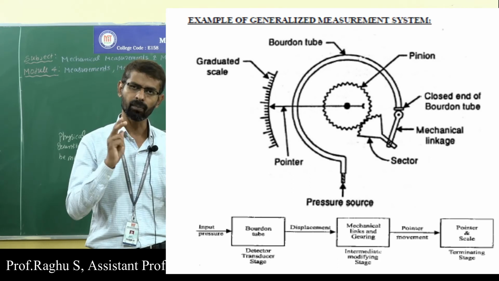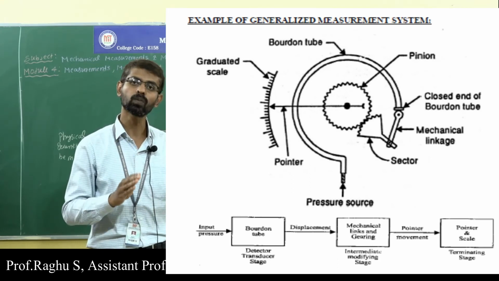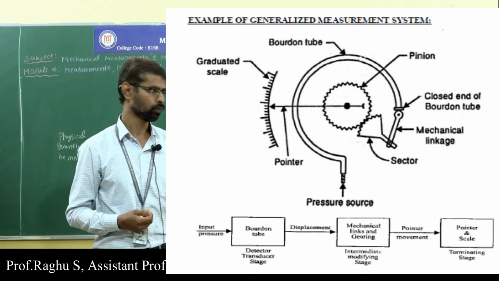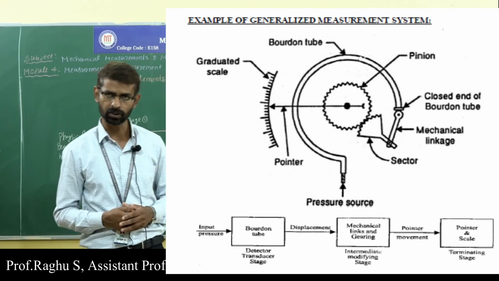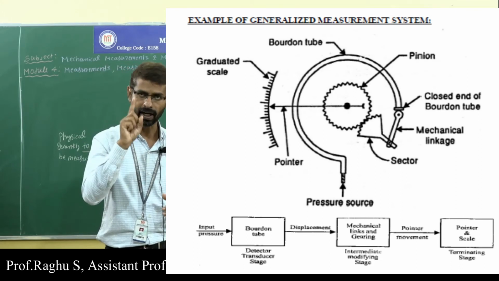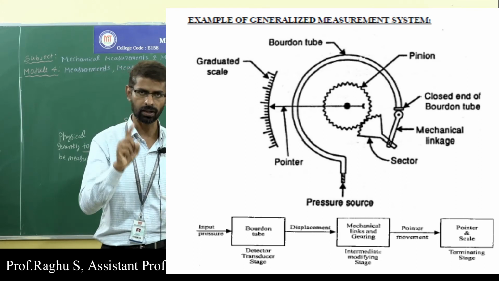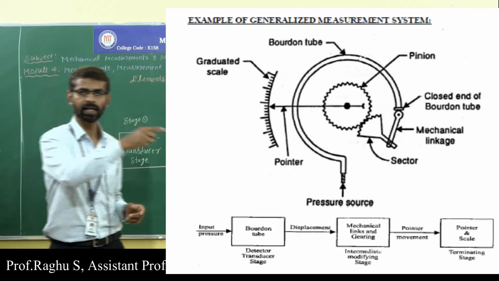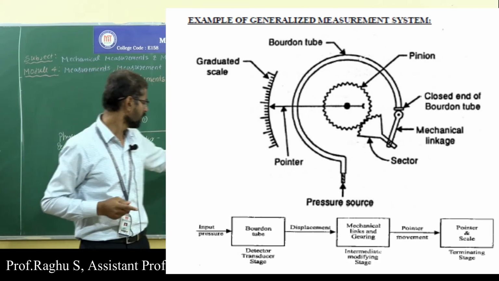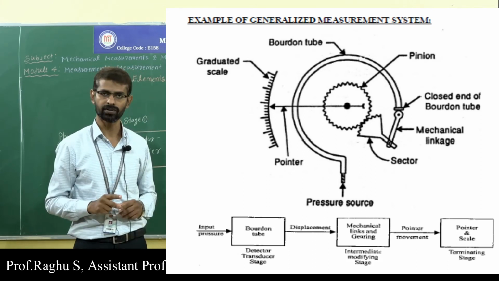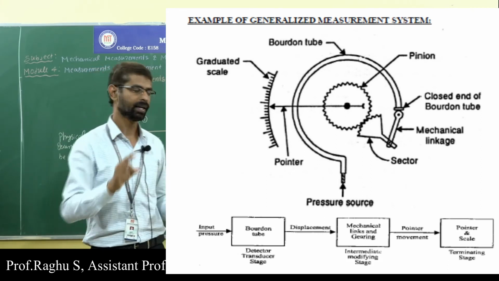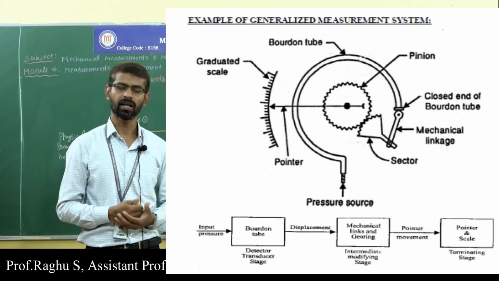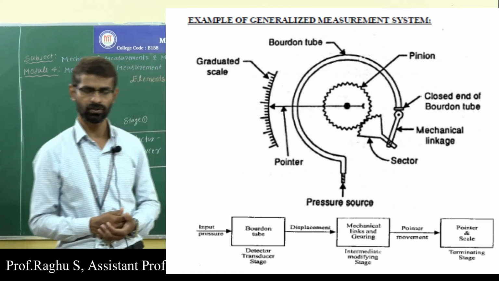The amplified mechanical displacement is displayed using the pointer and scale arrangement. Therefore, in the Bourdon tube pressure gauge, the Bourdon tube acts as the detector transducer element, the mechanical links and gears act as intermediate modifying elements, and the pointer and scale act as terminating elements. So this is the example for a generalized measurement system.